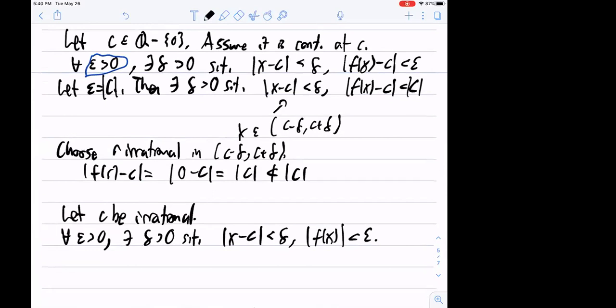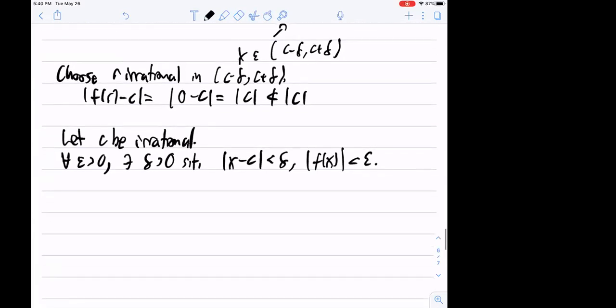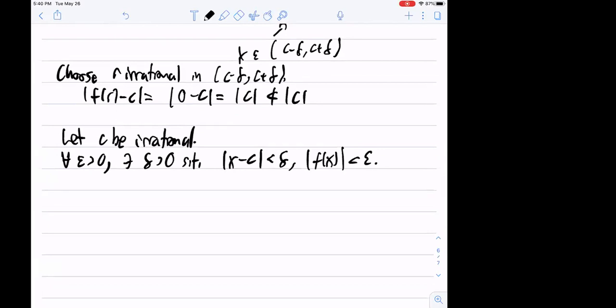So why do I like this? It's kind of unclear what epsilon should be, but the idea is, if I choose a rational number, this thing is just x. And for my delta, I could choose x as close to c as I want. In particular, I can make it within c over 2 and c plus c over 2.